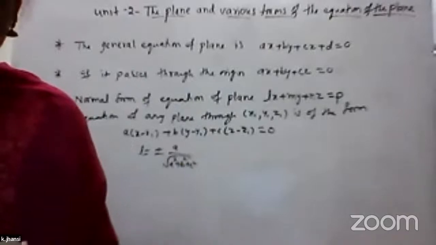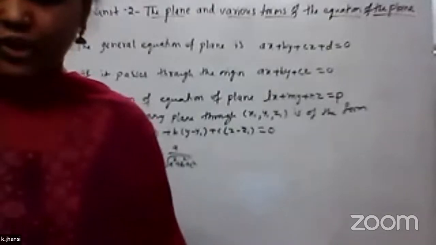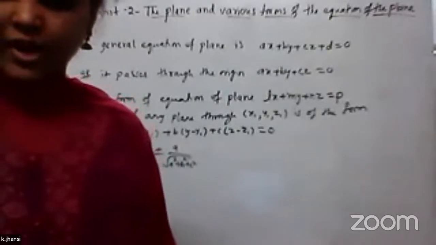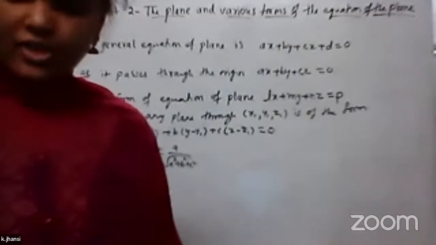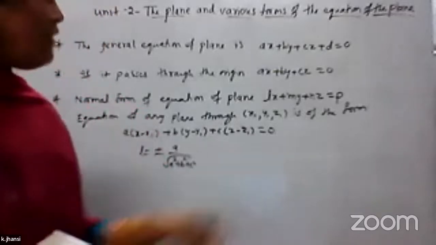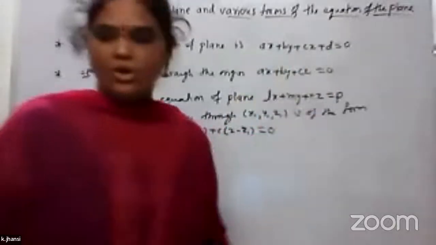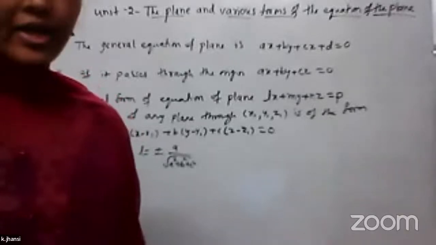And if you see the conditions here, the last one, that is A by under root of sigma A square into X plus B by under root of sigma A square into Y plus C by under root of sigma A square. If you see the last one, if D is negative in the given problem, the last value will be minus D by under root of sigma A square.